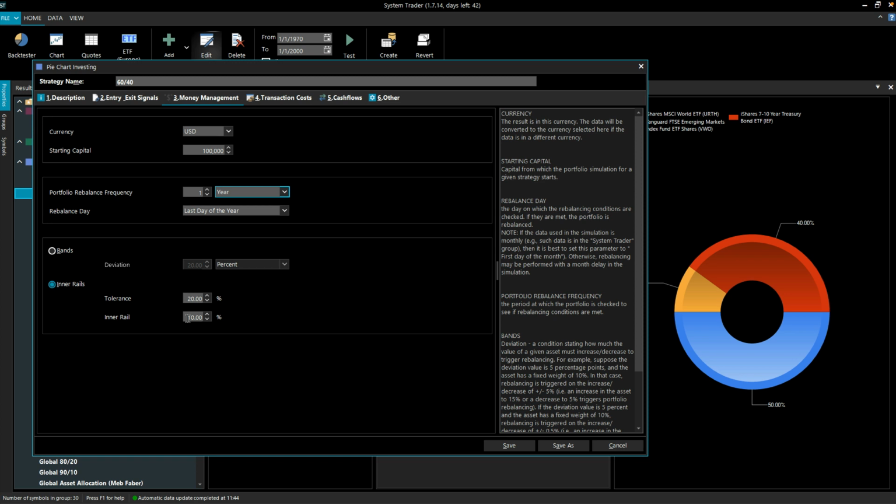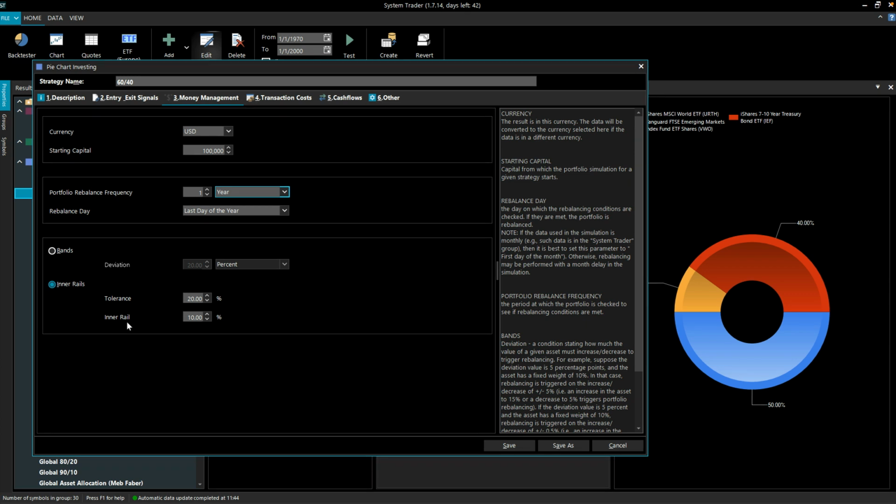So imagine that the bonds dropped to 30%. And rather than, after rebalancing, making again 40% of bonds, we would make only 36%. We would allow 10% deviation even after rebalancing. So we would rebalance the portfolio to the so-called inner rail.